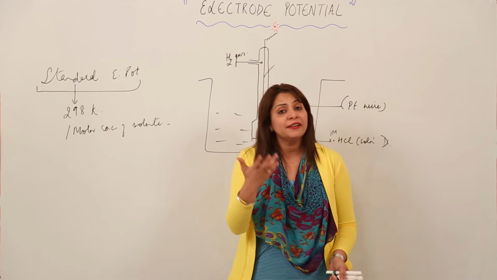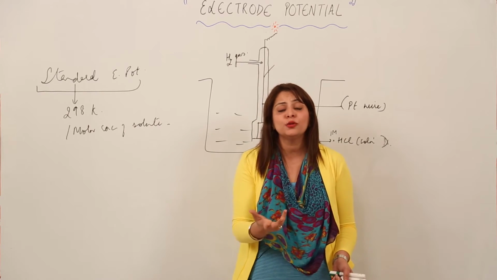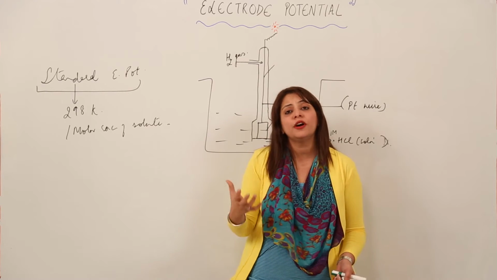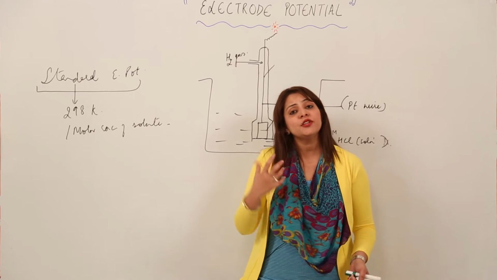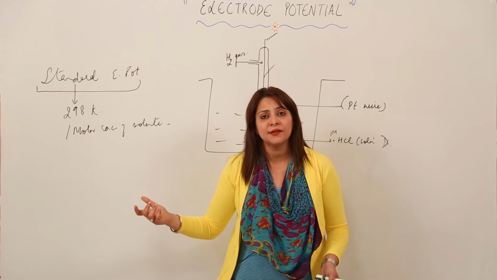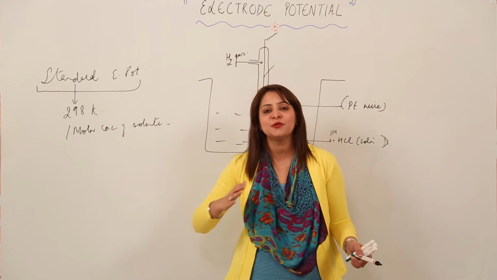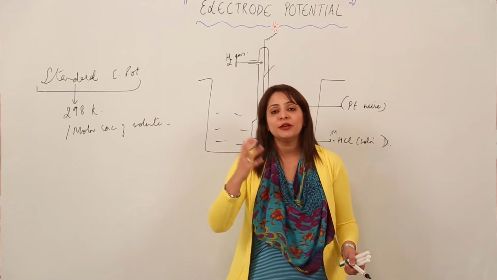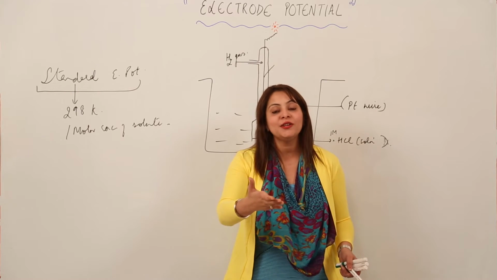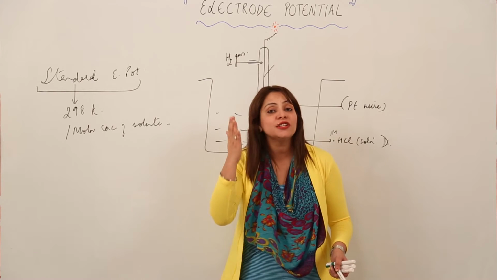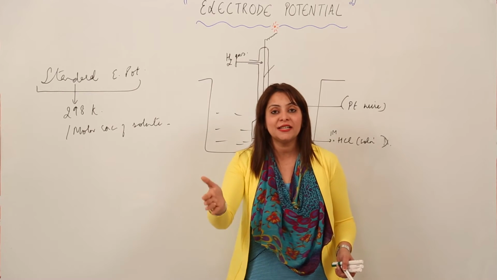So it will create a confusion, and how will you come to know which cell you are going to use as anode, or oxidation half cell, or which cell you are going to use as reduction half cell? So in order to clear all these confusions, or just to make you well versed with the topic, you may be curious to know how this electrode potential is calculated, or how you decide that this is going to act as anode or cathode.